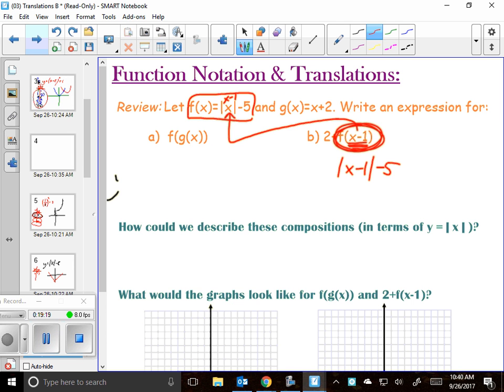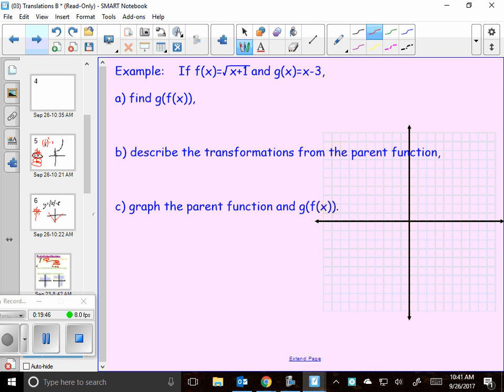Now I just need to add that 2, I'm just bringing it down, 2 plus all that. Now you could put the 2 in the front or the 2 afterward. Either way, that 2 is on the outside with the negative 5. I'm glad you asked, though. So that simplifies down to absolute value of x minus 1, and the negative 5 and the plus 2 is minus 3. All right. So let's move on.